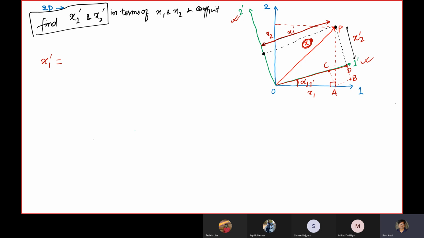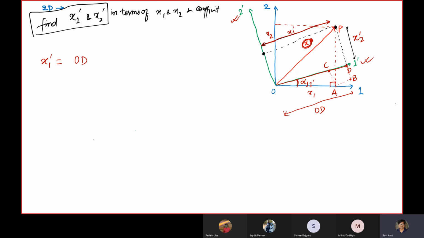Okay, so can I write x1'? This whole length is basically my OD. OD is my whole length, the total length that I am calling x1', and I want to write it in terms of x1 and x2 lengths.